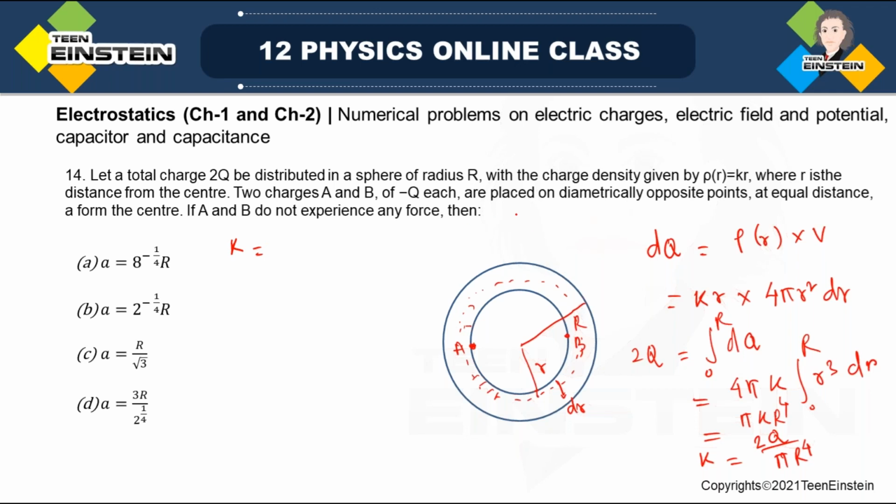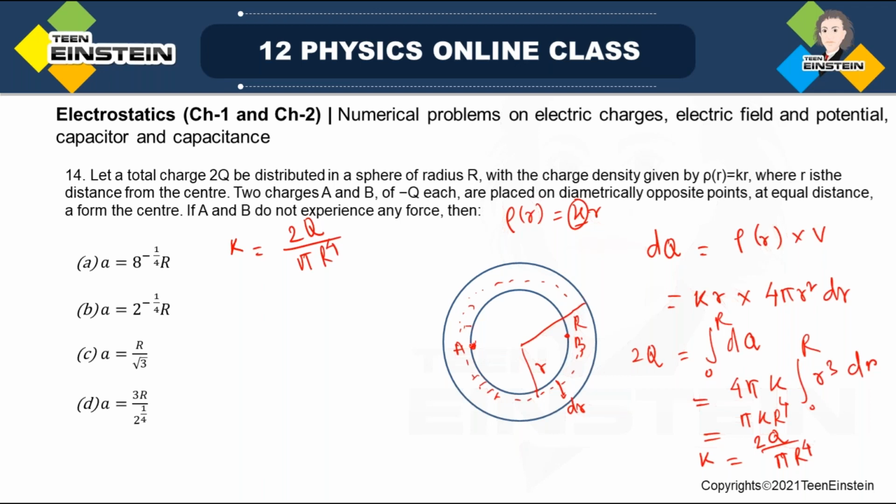This is actually coming from rho r equal to k into r. We didn't know this constant, but now we are able to find it. You might be thinking why this is needed. We'll show you how it is necessary.